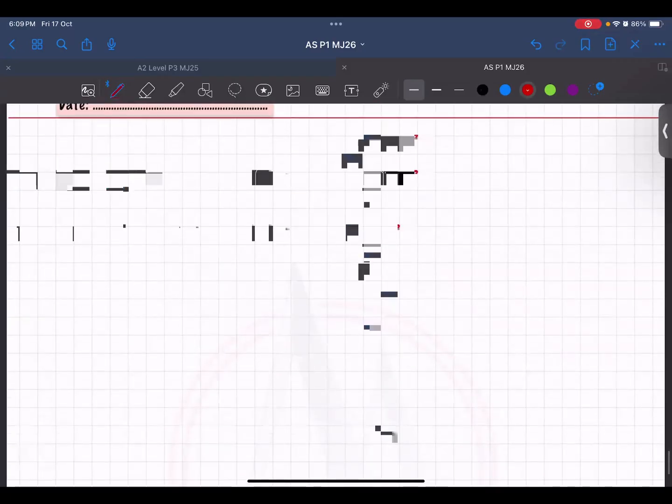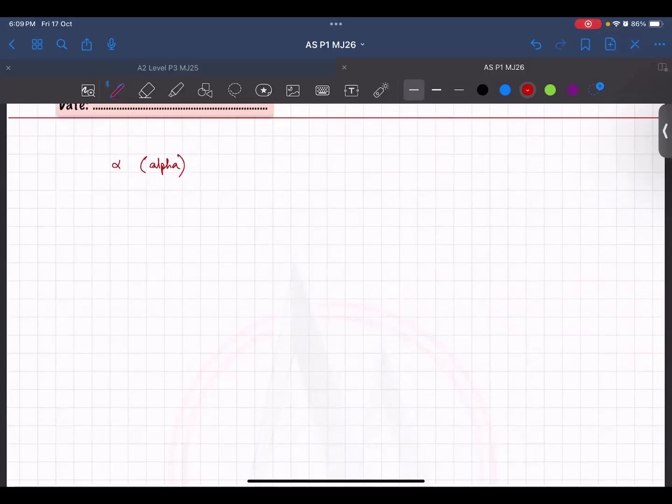And now you have another variable. I call it alpha. There's another name for this as well. I think it is critical angle, or I forgot the actual mathematical terminology for this thing. But I call this alpha. What is this alpha? This alpha is always positive.